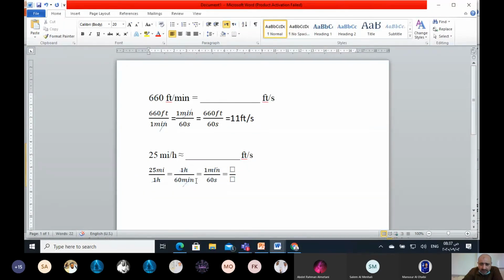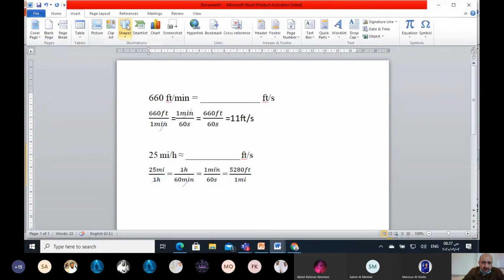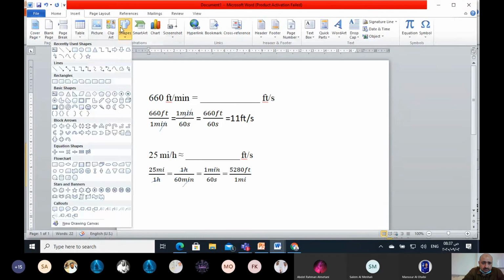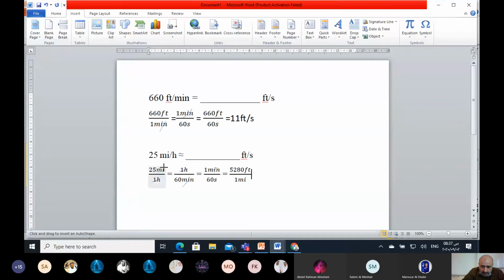Now the second change is from mile to feet. Each 1 mile equals 5,280 feet. Here we have mile and here we have mile, so I can cancel mile up with mile down.